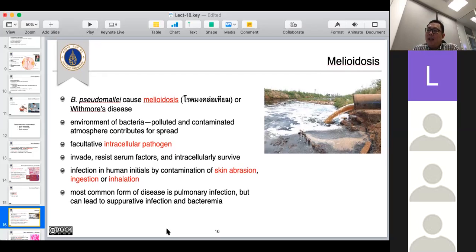So the disease can infect people in some kinds of sport, like golf players, because when you play golf, you hit the ball and spread some soil, the surface of the soil, and then you probably by chance inhale the small, dusty particles, then you get infected if that area is contaminated with Burkholderia. Okay.